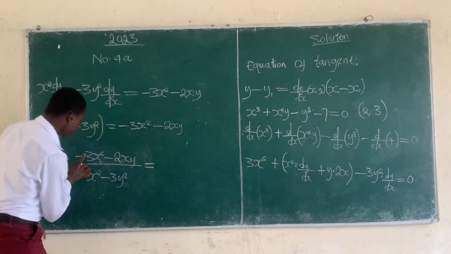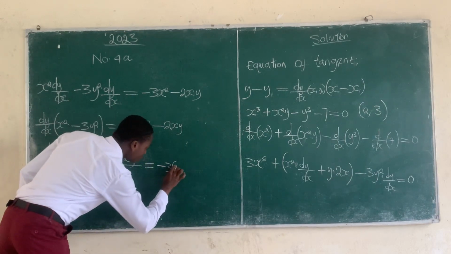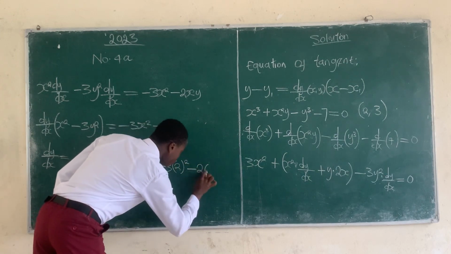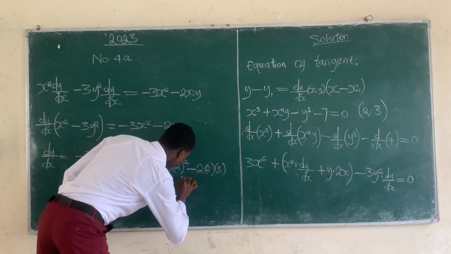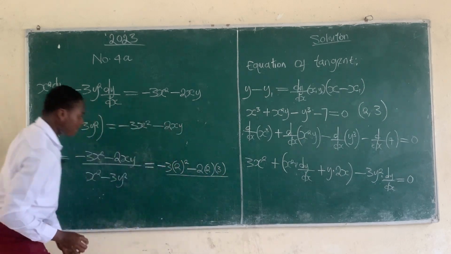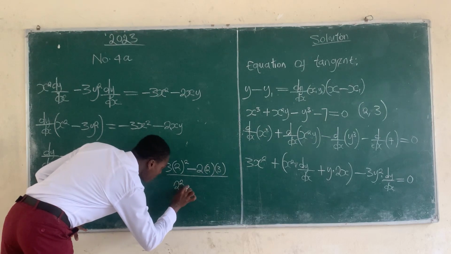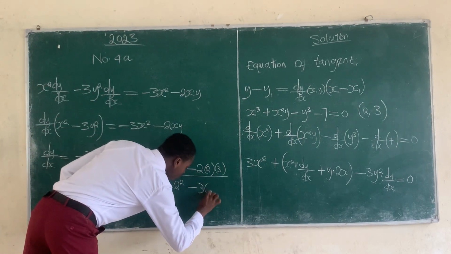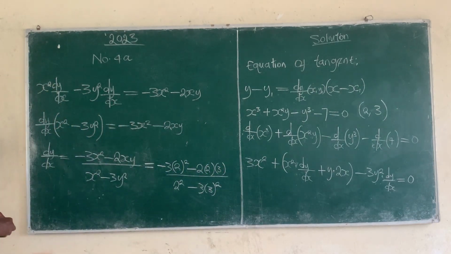So we have minus 3 into 2 squared minus 2 into 2 into 3, and the whole of this divided by 2 squared minus 3 into 3 squared.